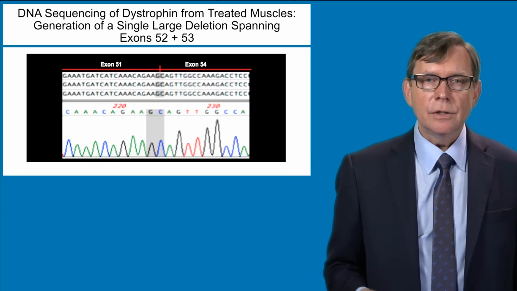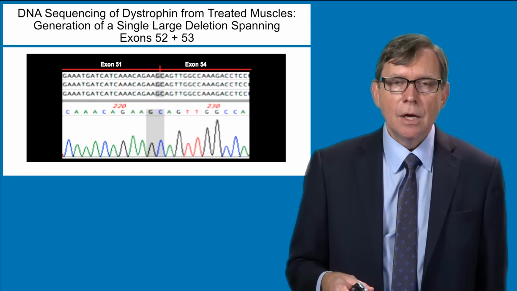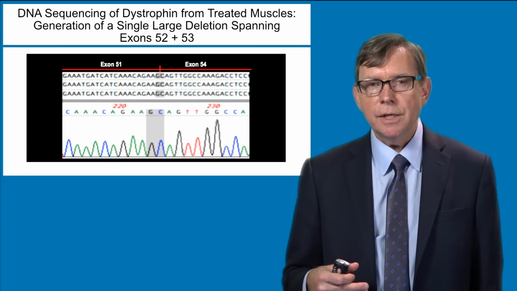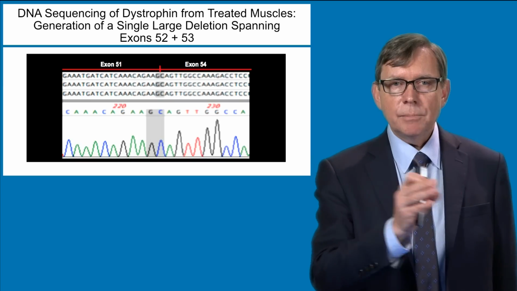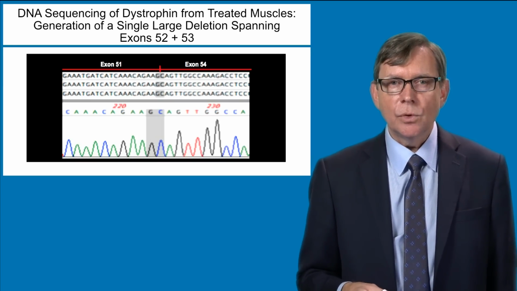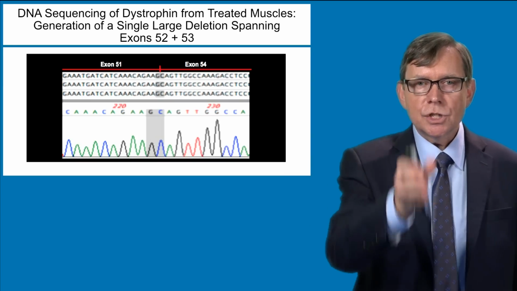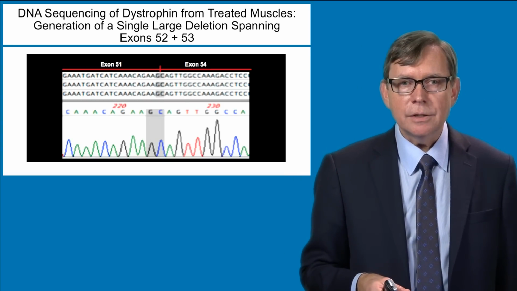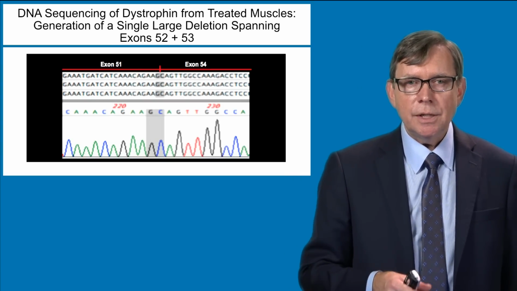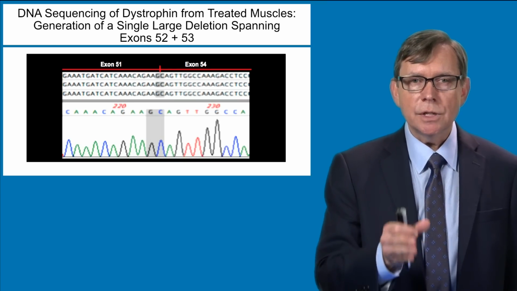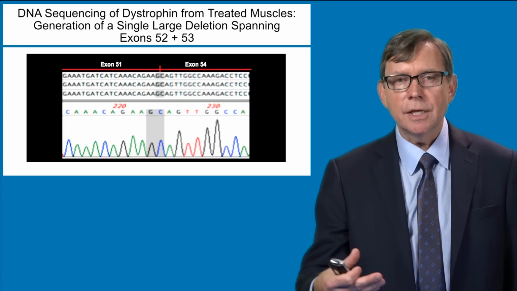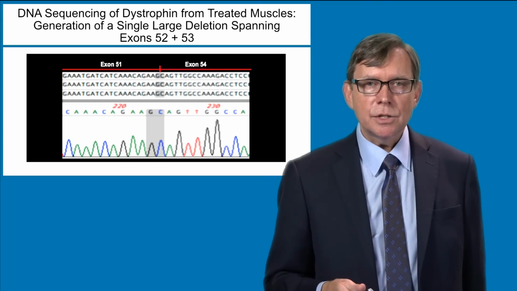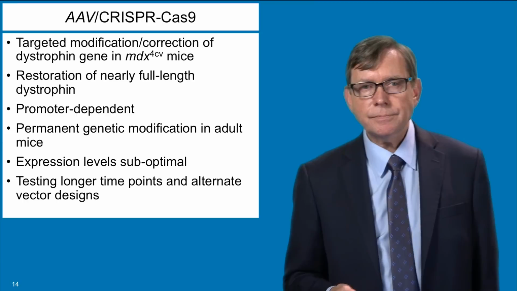And what you're looking at here is a DNA sequencing analysis where we sequenced the RNA coming off of the dystrophin gene, and indeed we see a perfect joining of exon 51 to 54. The site of the joining is shown by the vertical red line at the top, and you see the G to C joining there. The G is from exon 51, the C is in exon 54, so we have achieved a precise targeted correction of the gene in this case.